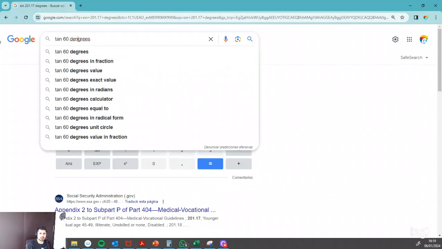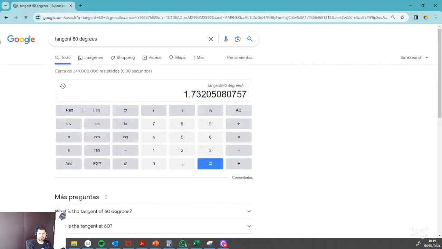It's better to write tangent, and automatically Google brings here the calculator, 1.73. You need to say here degrees because otherwise it will bring something in radians.